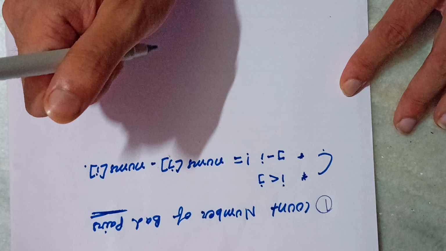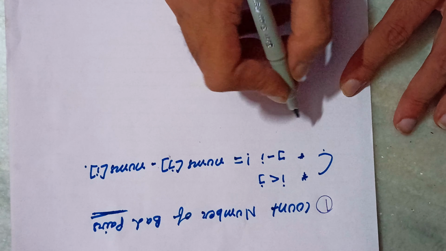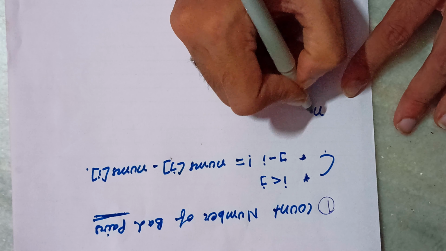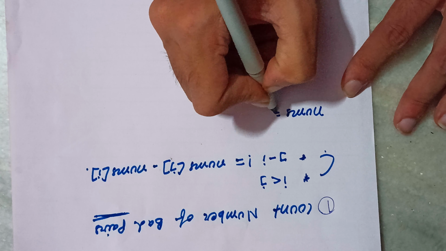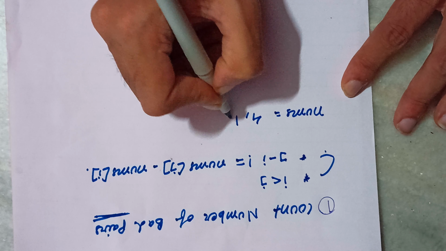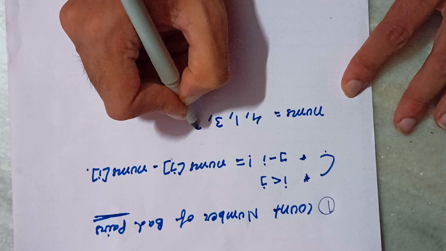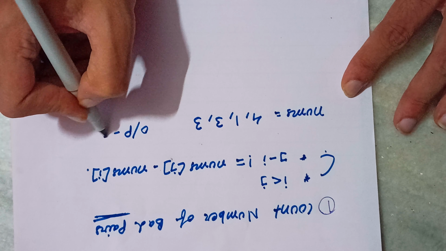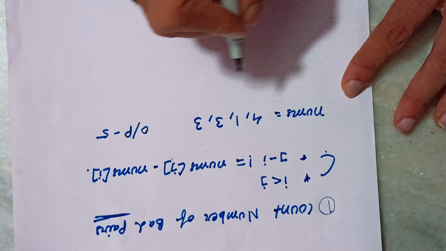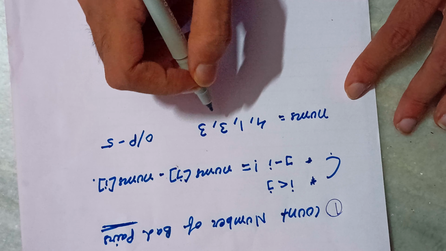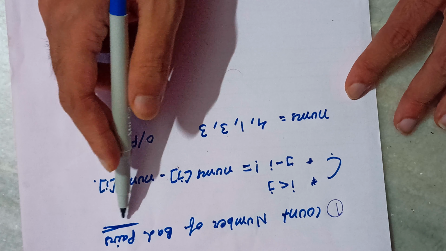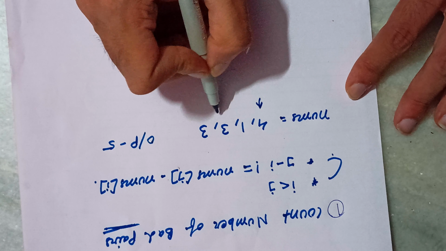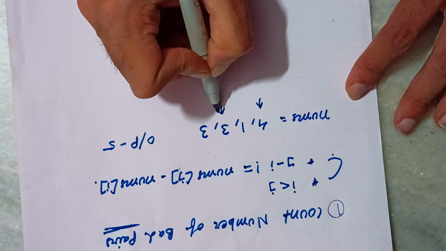Okay, so first let's take an example. The vector is 4 1 3 3 and its output is 5. If we need to find the bad pairs, then index 0 and index 2 form a bad pair.